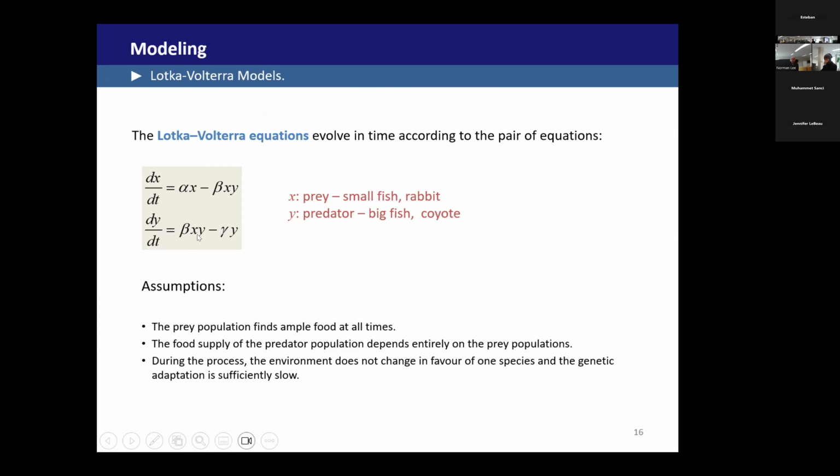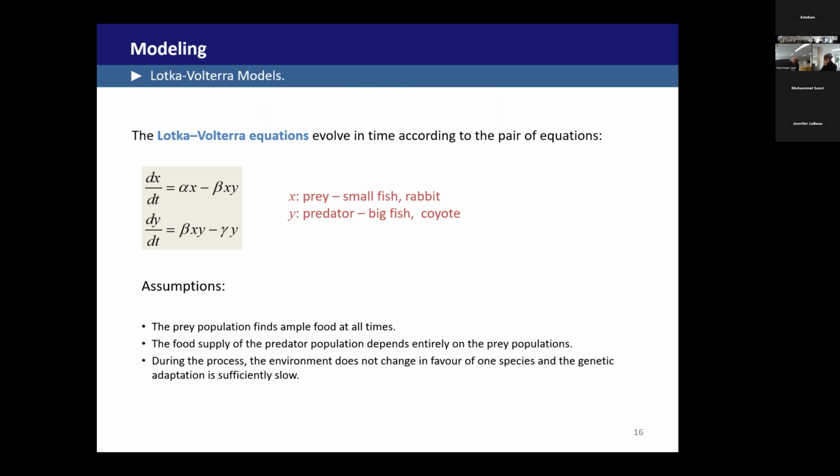And here it is positive: we assume beta promotes the proliferation, production or birth of new big fish. And then this is the half-life of those big fish. In any model, including machine learning, differential equations, or a statistical model, all models are valid only under certain assumptions.